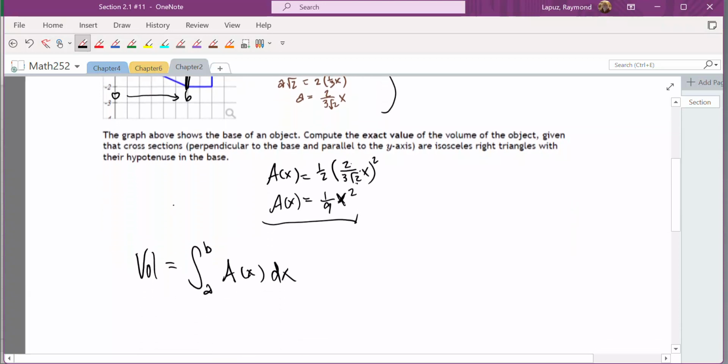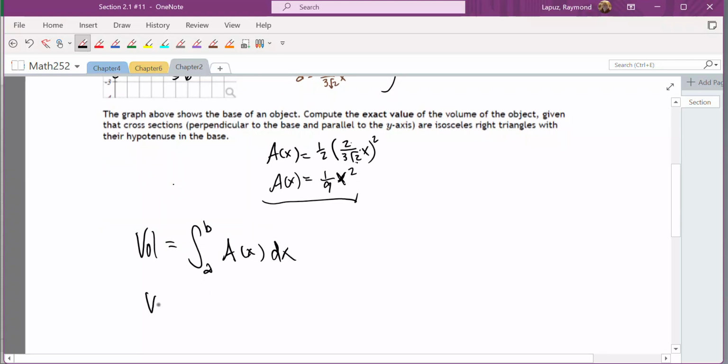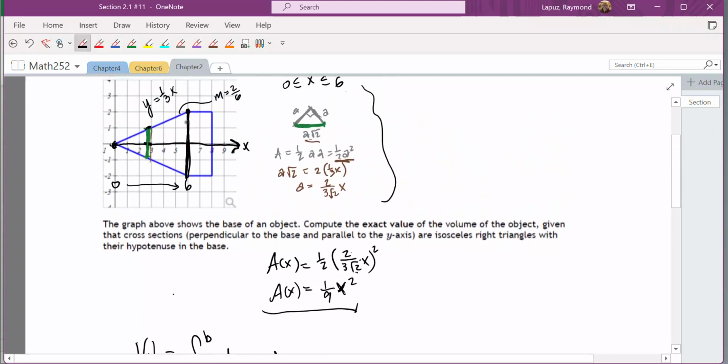So we can integrate our volume, which will be the integral from 0 to 6 of 1/9 x squared dx. Now that only takes care of the area up to this point.